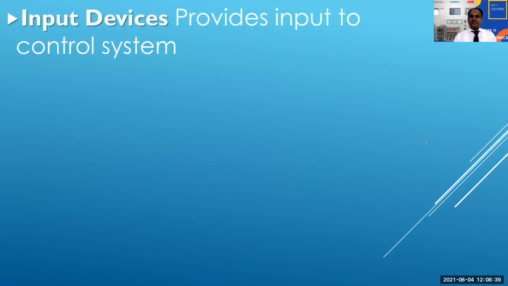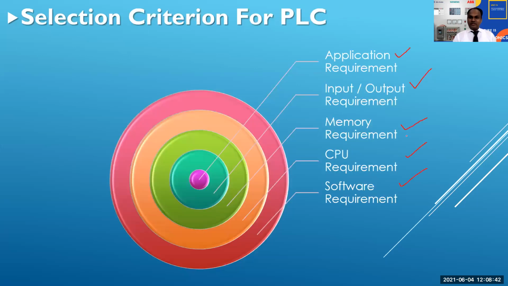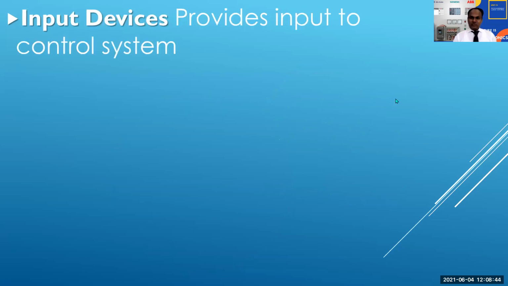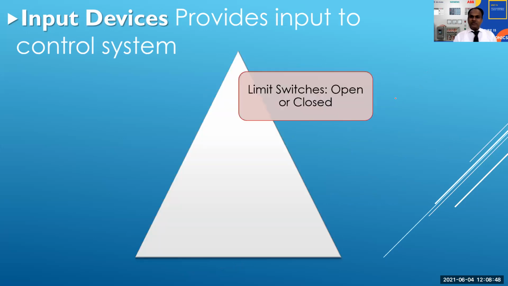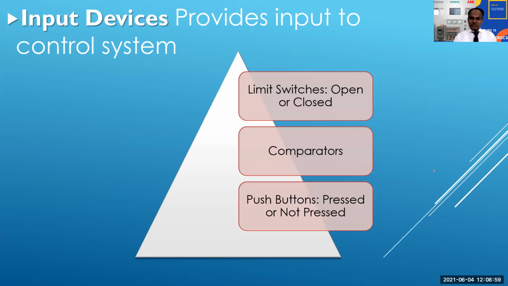Now, what are the input devices? Just now we have seen that input output requirement is there. So what kind of input devices are used in a control system? The control system will take limit switches, open close kind of comparators to compare the signals, and the last one, push buttons, pressed or not pressed.